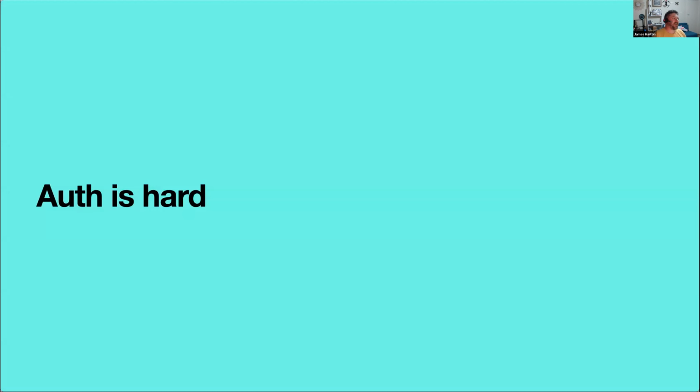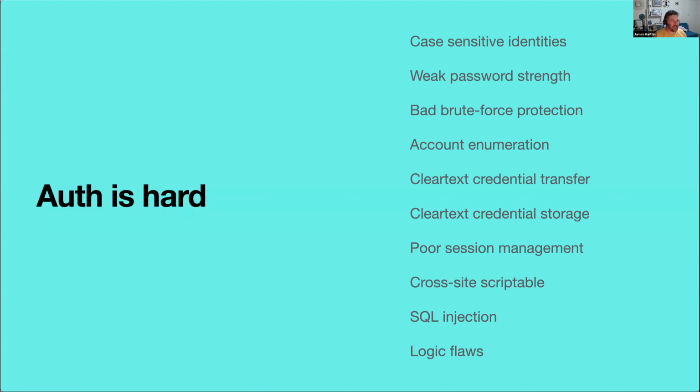So authentication is hard to get right, but actually what I mean by that is it's really easy to get it wrong. This is a list of flaws that I just came up with off the top of my head, probably over the course of a few minutes. I'm sure there are more, but the point is that there are really heaps of ways to mess up authentication, like so many ways.